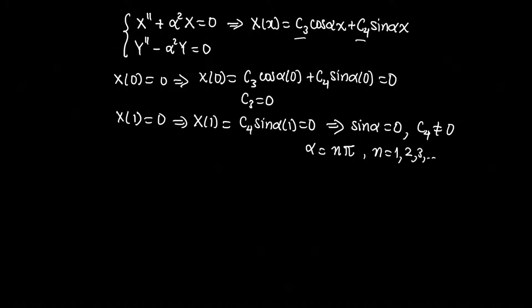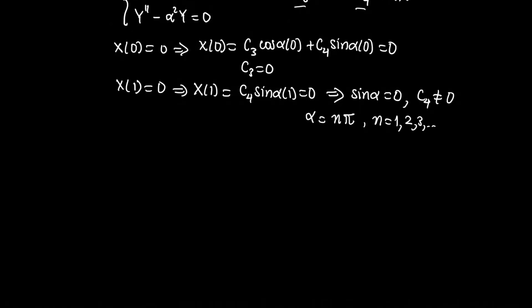I don't want n to be 0 for the same reason as explained in the previous videos. So the solution is x equals c4 sine of n pi x, for n equal to 1, 2, 3, and so on.